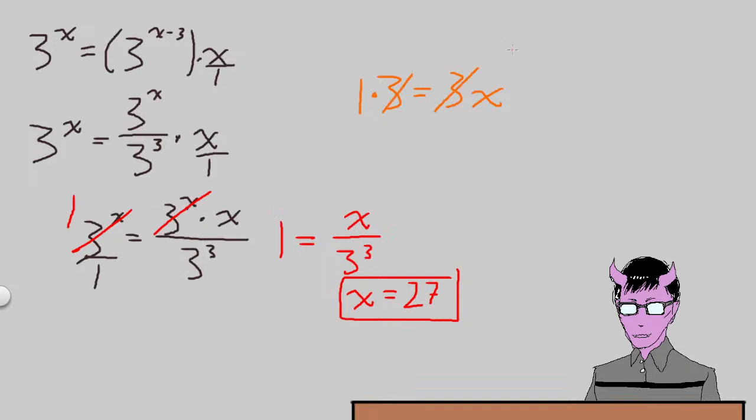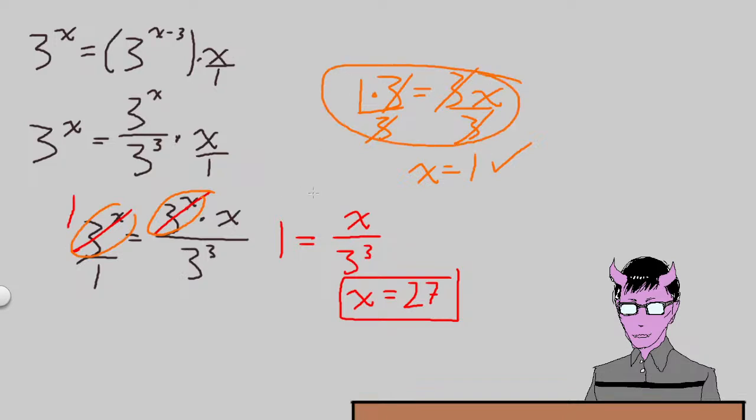You can divide both sides by 3 to cancel it. So divide by 3, divide by 3, so x is therefore equal to 1. And that is safe to do, right? But is this situation the same as this situation? Not quite, right? Because we have some sort of unknown value in the exponent.